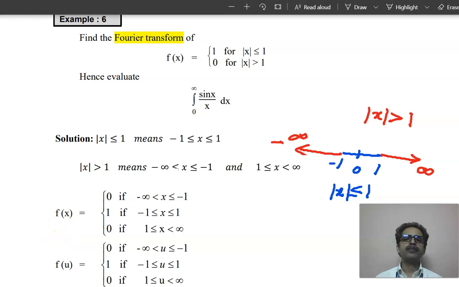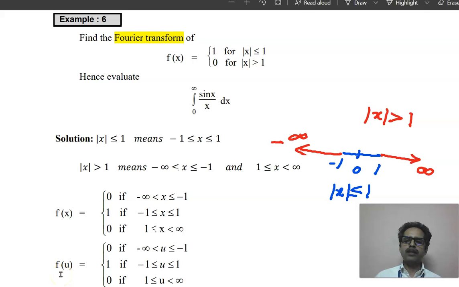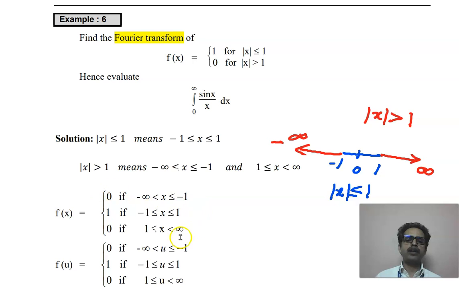Now this function f of x can also be written as f of u, just by replacing x by u. So in this definition, if you replace x by u, that's it. In short, the function has three values.